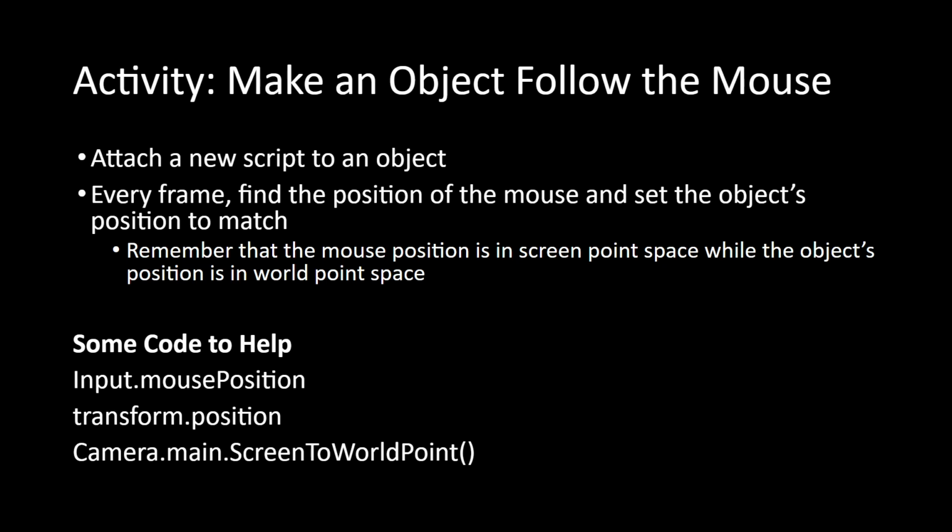Then we're also going to be concerned with the transform.position of the object that we want to move in the world. And the one conversion that we're going to use for this is going to be ScreenToWorldPoint. You'll notice we also reference a camera to figure out how that goes, because there may be multiple cameras on the screen.